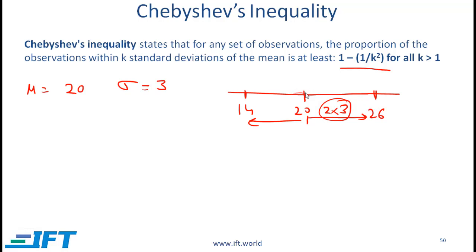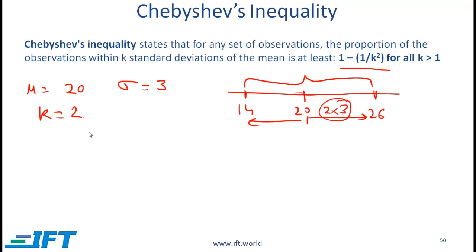So what percentage of the data must lie between 14 and 26? In other words, what percentage of the data must lie within 2 standard deviations from the mean? And that is what Chebyshev tells us. K is the number of standard deviations from the mean, which in our example is 2.